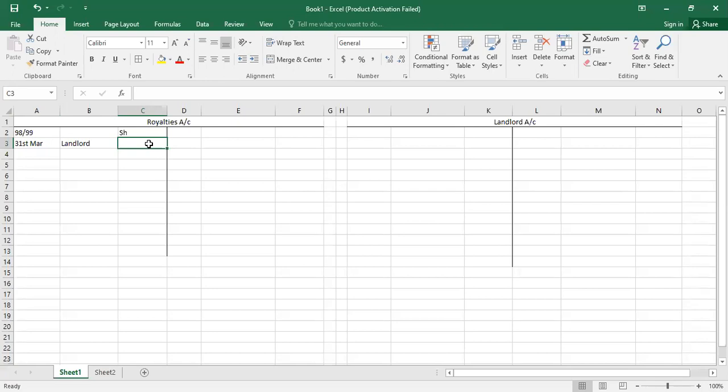What do you get? 200 multiplied by 2.5 is 500,000. So on 31st March, we are crediting the landlord's account with 500,000.